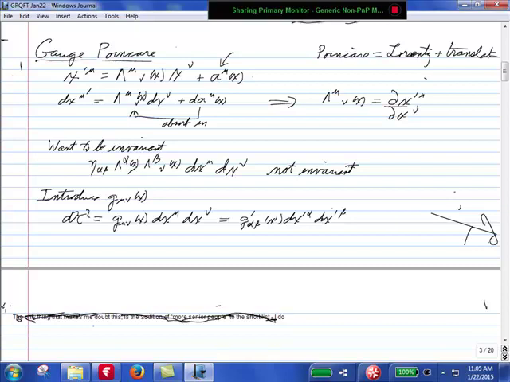So if I have a covariant derivative D mu V lambda of x, you want that to go to some changed derivative, D prime mu V prime lambda of x, which is, well, x prime, that these guys just transform like everything else does with these lambdas.